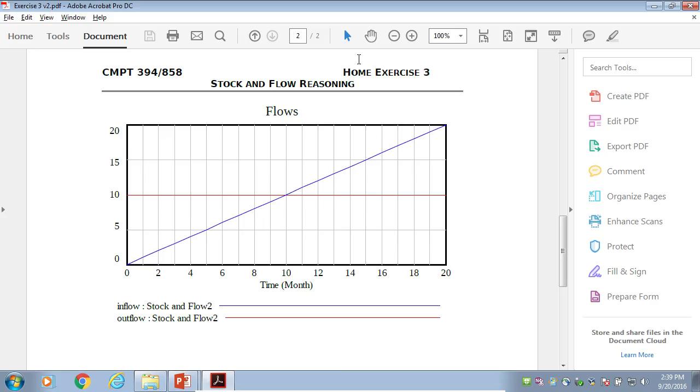Okay, so it's going to be dropping, and is it just going to continue dropping at 10 per month? No, the rate goes down. It'll be going down in what way? The rate of decrease will lessen, so it'll slow down. So it'll be dropping slower and slower.